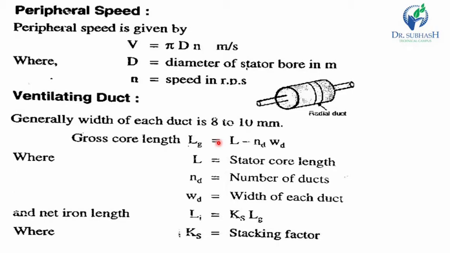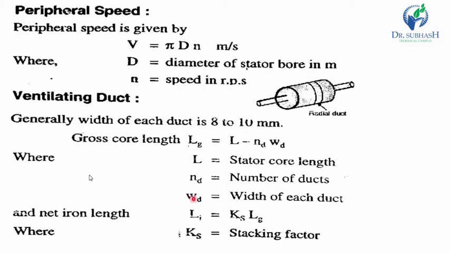So to avoid this, radial ventilating ducts are provided, and this ventilating duct width is generally 8 to 10 mm.